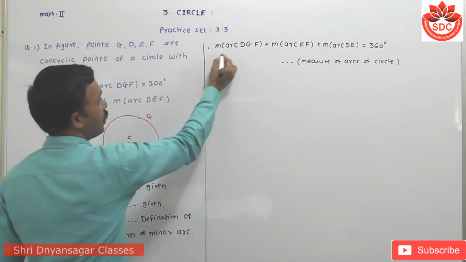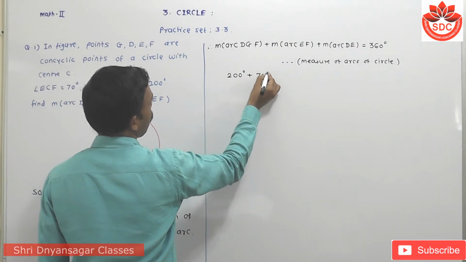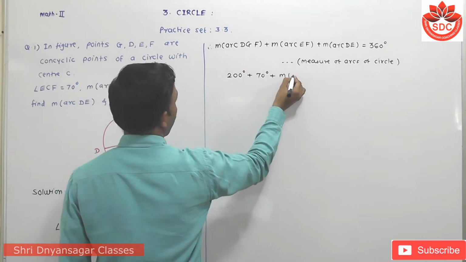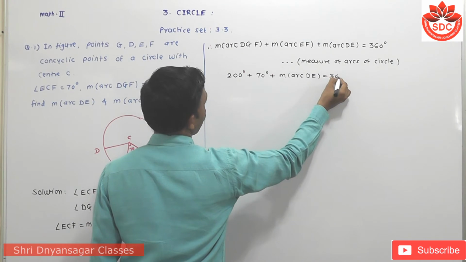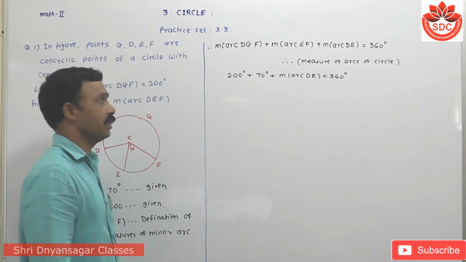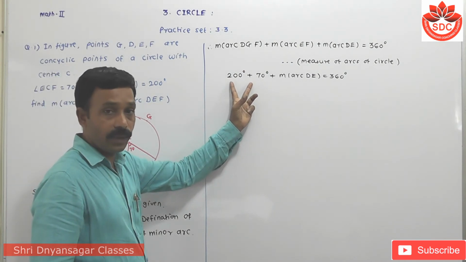Then substitute the values. This value is 200 plus this is 70 degrees. Measure of arc DE we have to find here. This addition is 270.